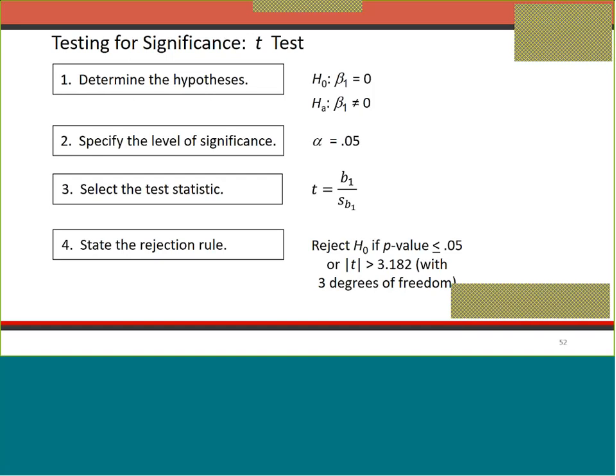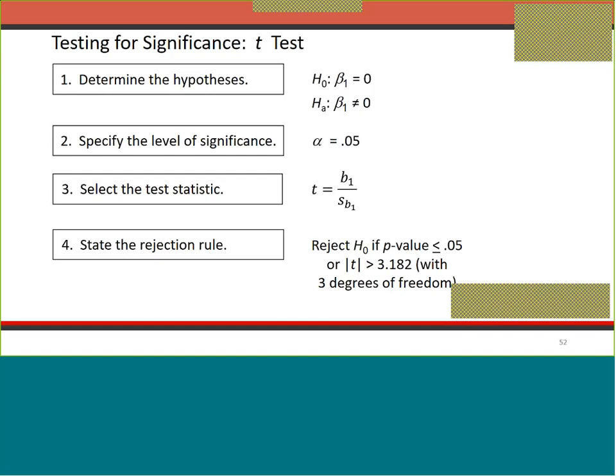The test statistic t is given by b1 divided by S of b1. B1 you have already calculated from the equation. S of b1, as I just told you, is s divided by the square root of the sum of (x minus x bar) whole square. Then you use the rejection rule and finalize the problem.